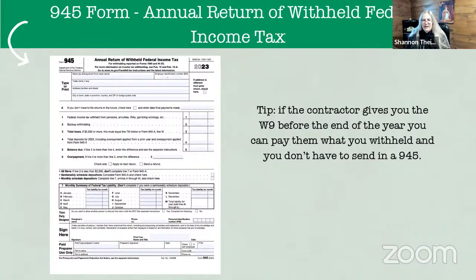And so back when we were talking about the contractor not giving you the W-9, if they get you the W-9 before the end of the year, you can pay them what you withheld for backup withholdings as long as it hasn't already been sent to the IRS, and I'll hang on to it until the end of the year.